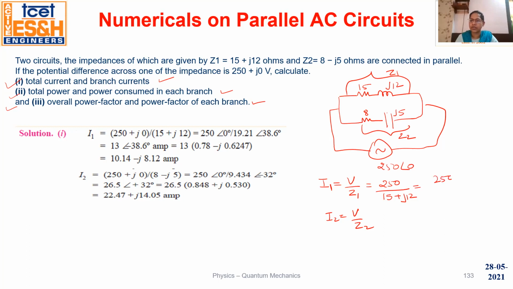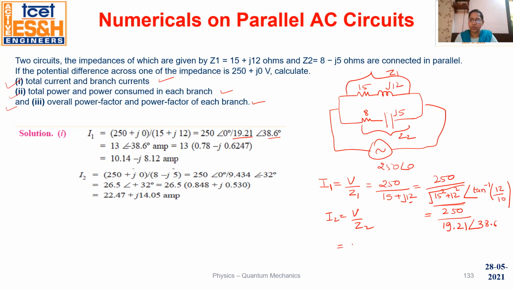How you will convert? 250 divided by the square root of 15 square plus 12 square, and angle tan inverse of imaginary component 12 divided by 15. So it will give 250 divided by 19.21 and angle is 38.6.